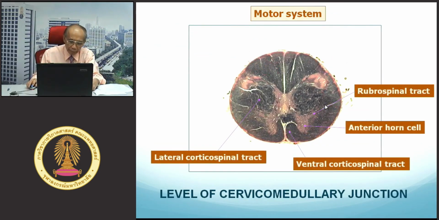The motor system includes the lateral corticospinal tract, ventral corticospinal tract, the anterior horn cells, and the rubrospinal tract, which is part of the extrapyramidal system.